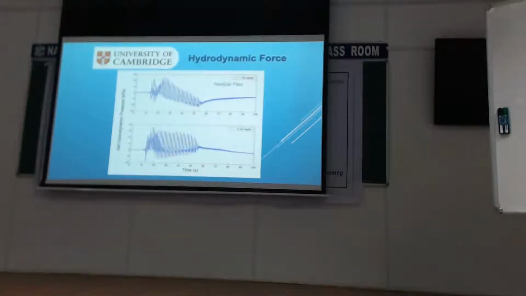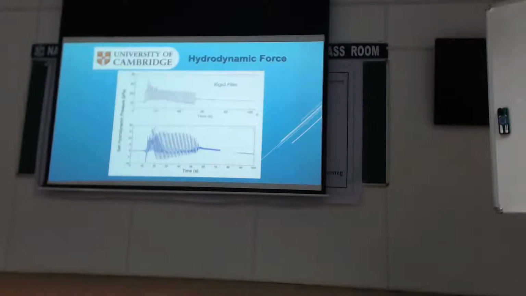So you can see big oscillations at shallow depth and also at the greater depth. And we're calling it a hydrodynamic force because effectively you are looking at the difference between the two.